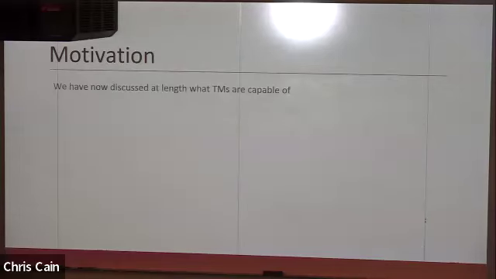We talked about what Turing machines are capable of, but we're going to dive into what Turing machines are not capable of. As we get better and better technology, all we're doing is getting closer and closer to having our modern computer be able to do what, in theory, a Turing machine can do. But that is the limit of what the modern computer can do.